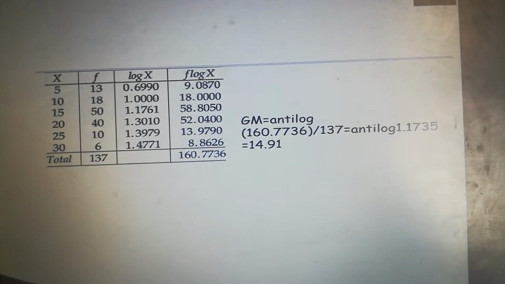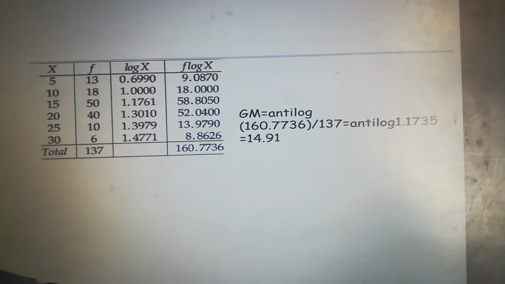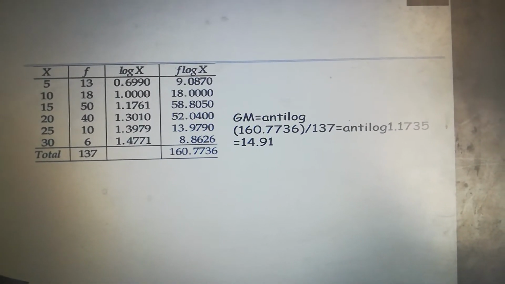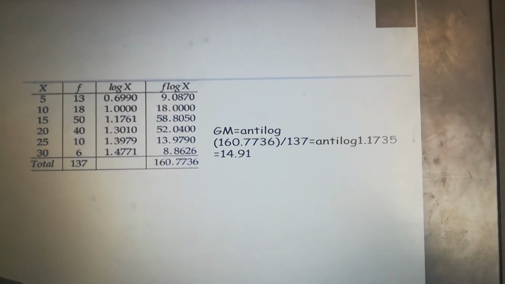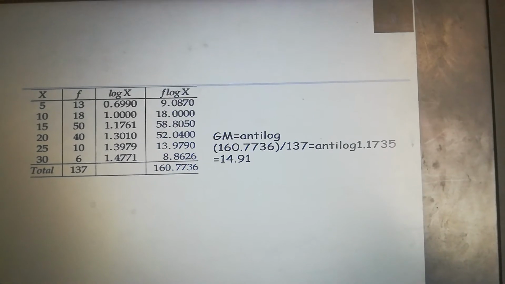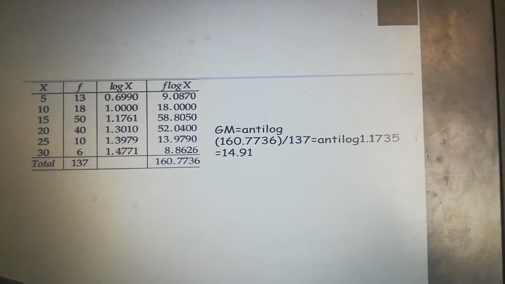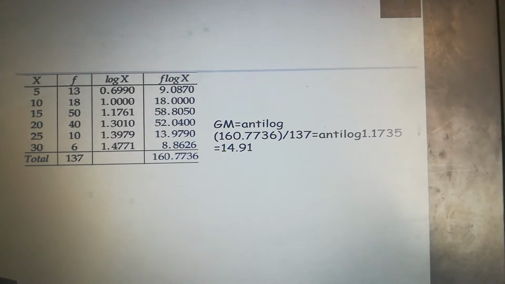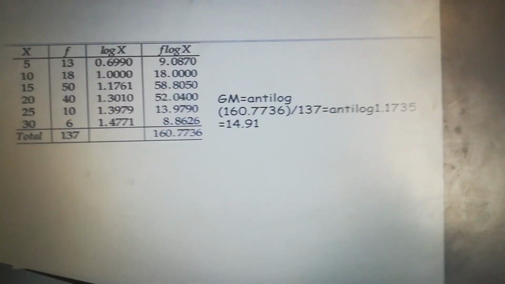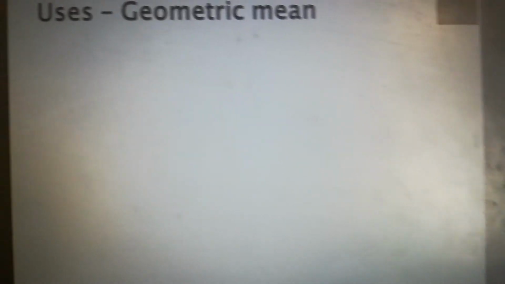When the total f is 137, divide this value by 137, we get 1.1735. And take the antilog value from the table for 0.1735, we get the value as 14.91. That is the geometric mean of it. I hope it is clear.